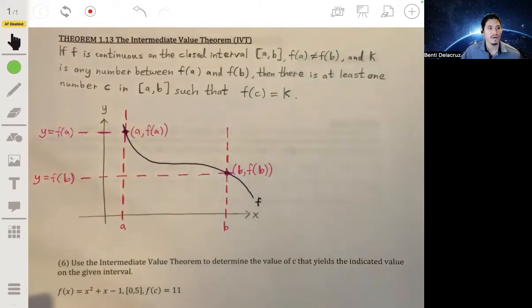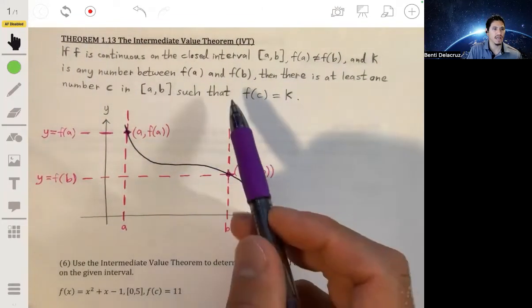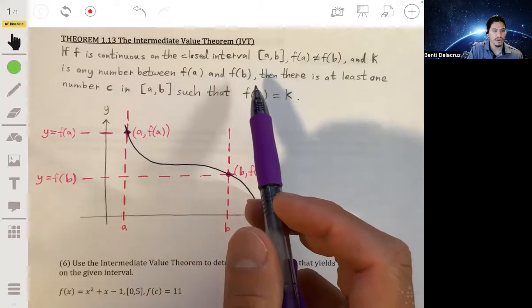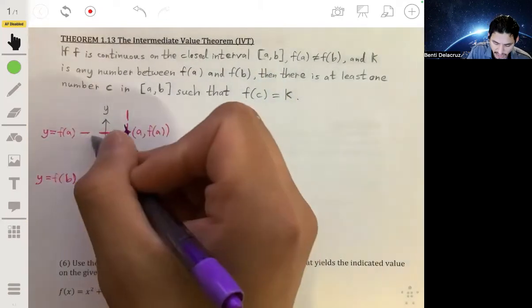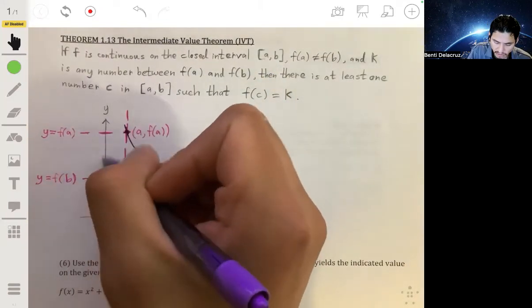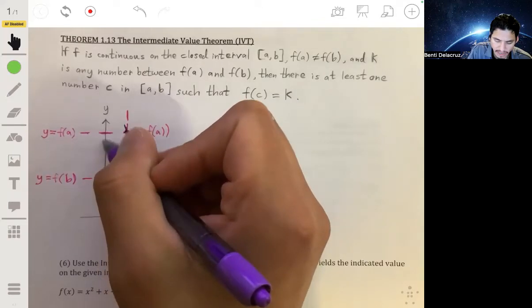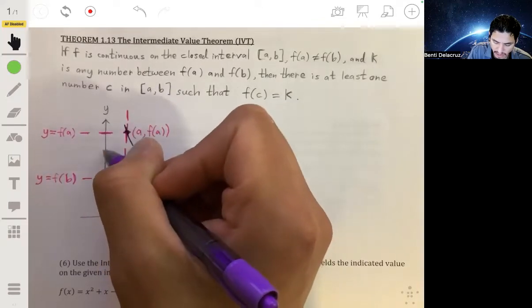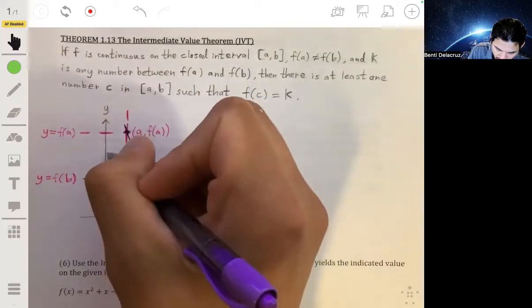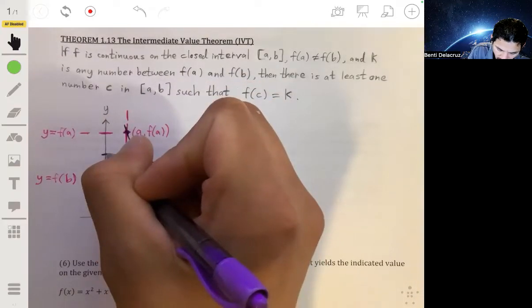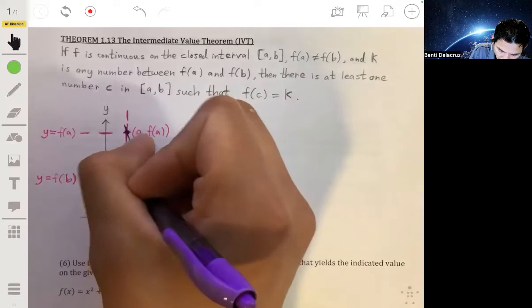Now, if we're talking about a k value between f of a and f of b, all this is saying is that we just pick a value between here and here. Any value. It could be down here, here, or whatever. Let's say this value is going to be this line. That's going to be our y equals k.